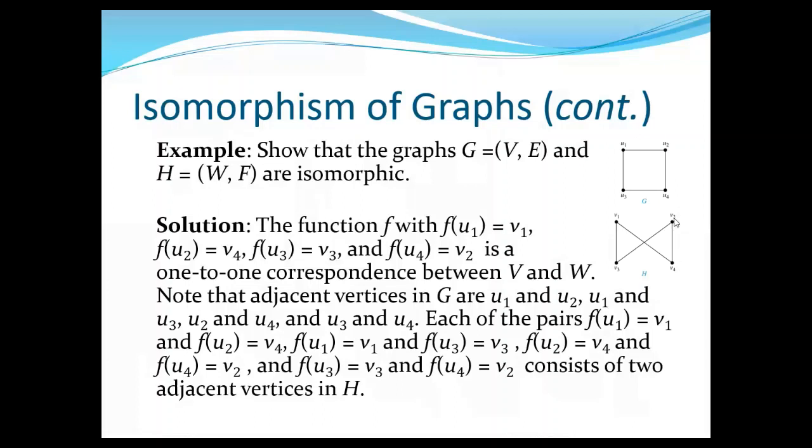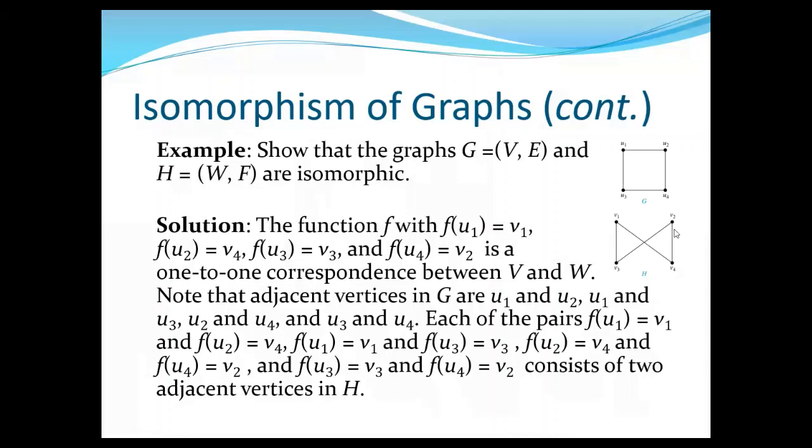Yes. V2 is connected to V4. V2 is U4, U2 is V4. So therefore, this edge is actually this edge. And for U3 and U4, again, this is the equivalent edge.